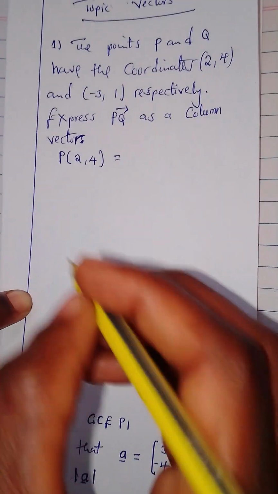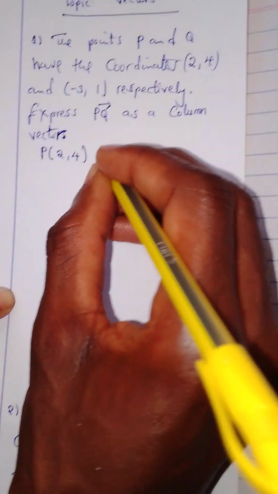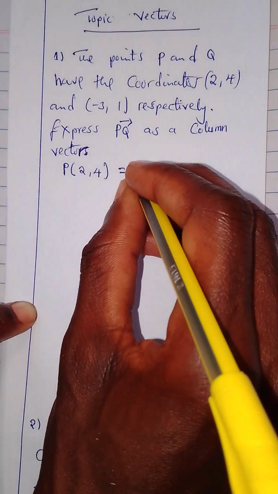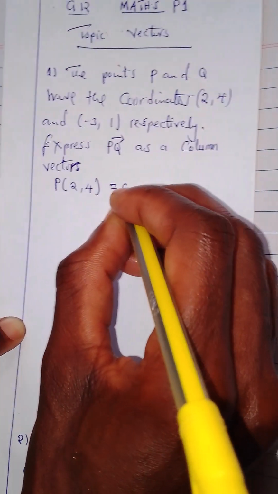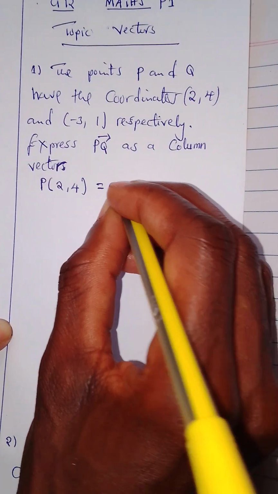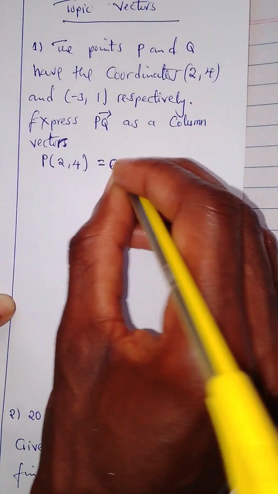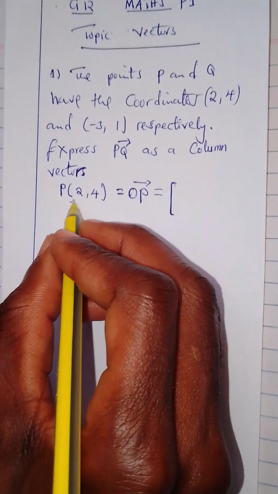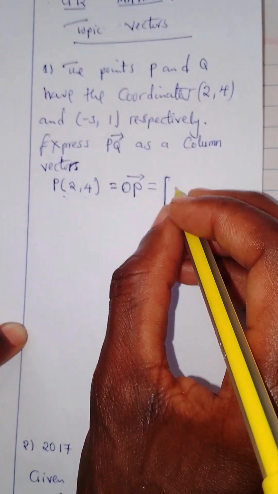To express this as a column vector, since we are talking about position vectors, which start from the origin, we assume that vector P starts from the origin, so we say that vector OP is equal to (2, 4) in column form.